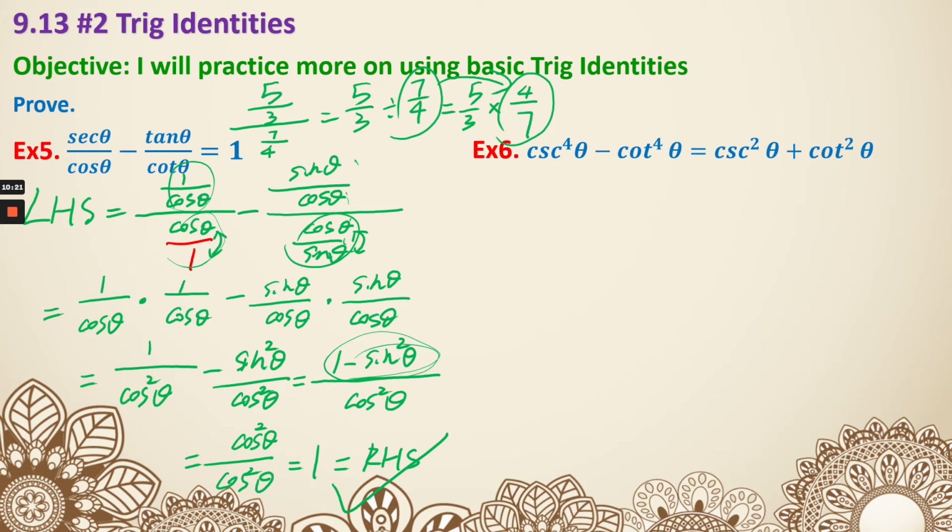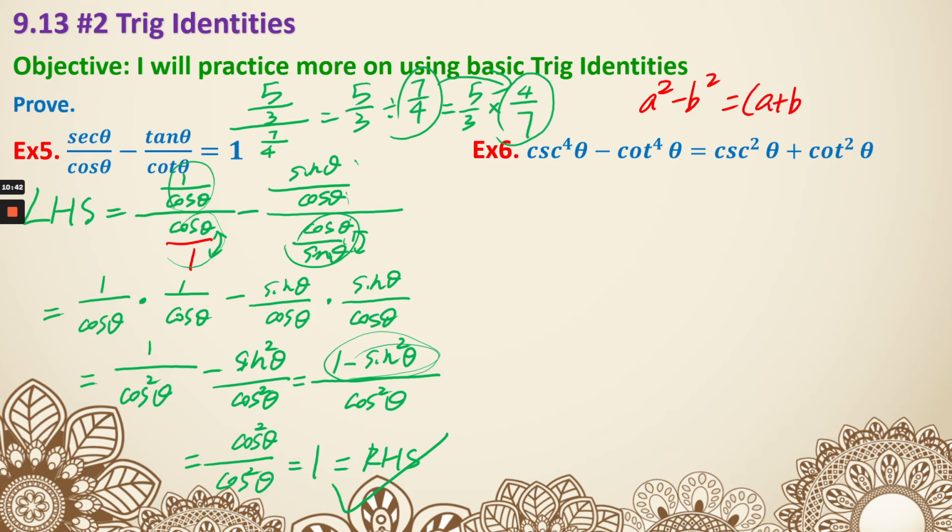This is where you may see, oh, the left-hand side and the right-hand side seem equally complicated, but the left-hand side has a higher power, so I'm going to start from the left. And if you recall, when we first learned about factoring, we had dealt with some difference of perfect squares.